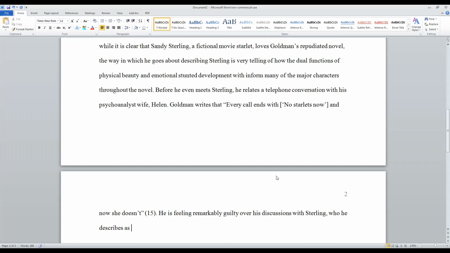Okay, here you go. As gorgeous. Chapter or page 13.